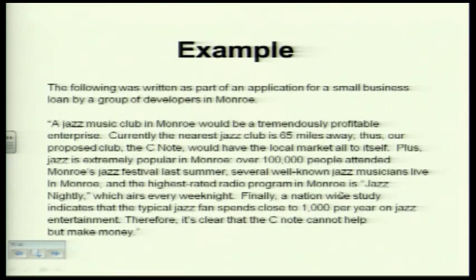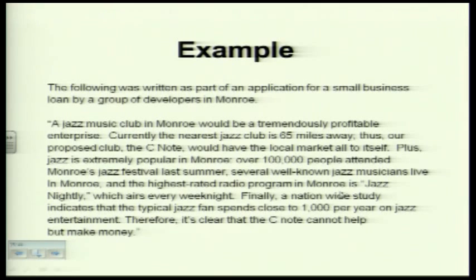So let me show you one real example. This is a topic given by the GRE. There's a city called Monroe, and a jazz music club proposes... Actually, this statement is written as part of the application for a small business loan by a group of developers in the town Monroe.